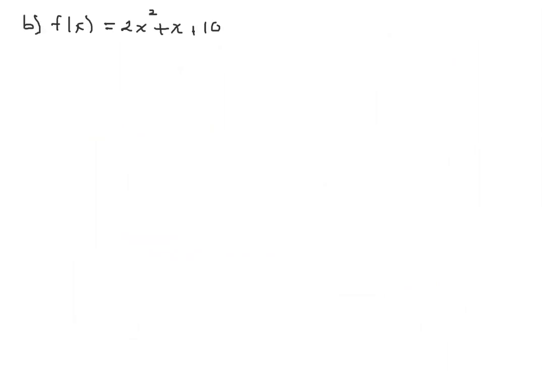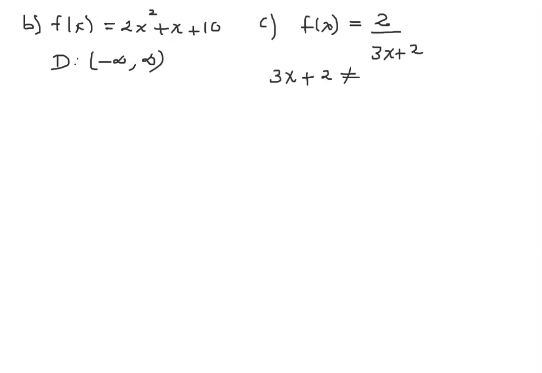And if you enter it on your calculator and see, the domain is going to be negative infinity comma infinity. And C, we are given f of x equals 2 over 3x plus 2. So it's a rational function, so the denominator cannot be equal to 0. So then solve for x.